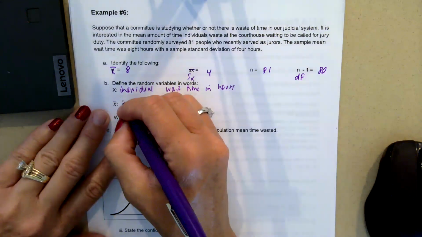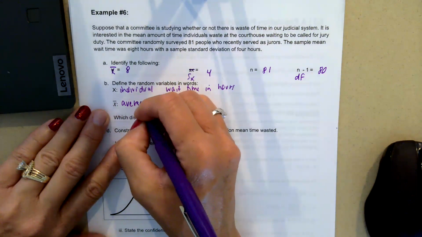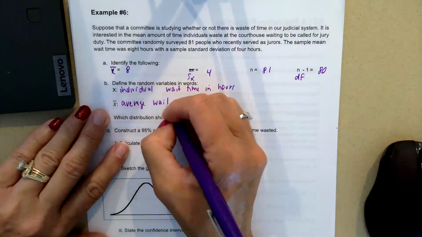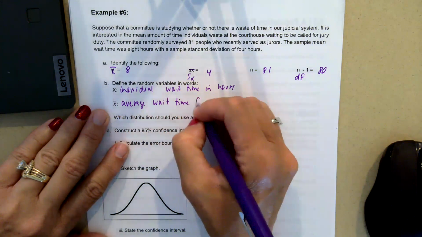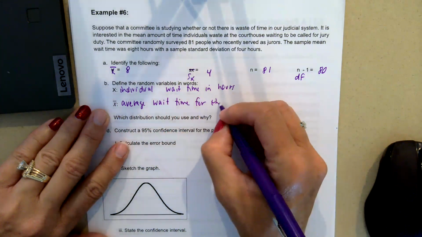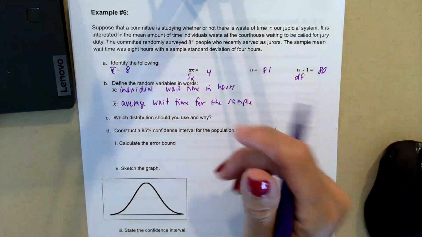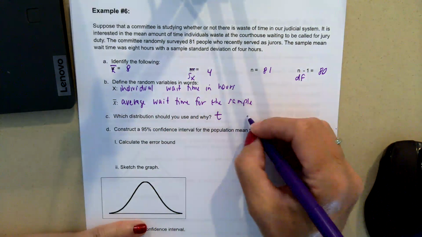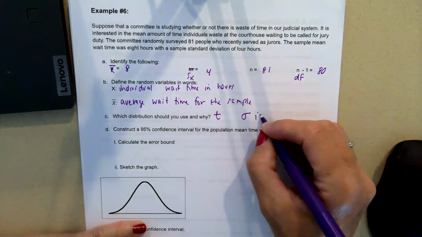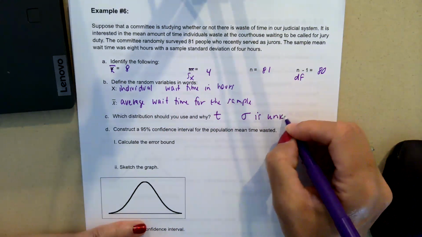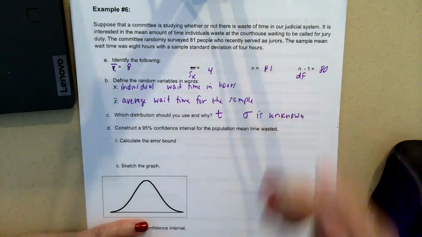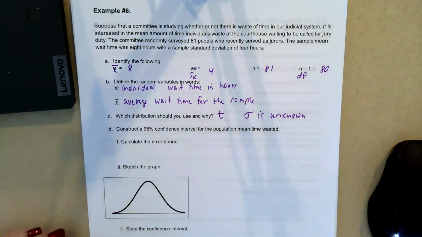And this would be average wait time for the sample. Again, we're using the t distribution, and that's because sigma is unknown. And we're constructing a 95% confidence interval.